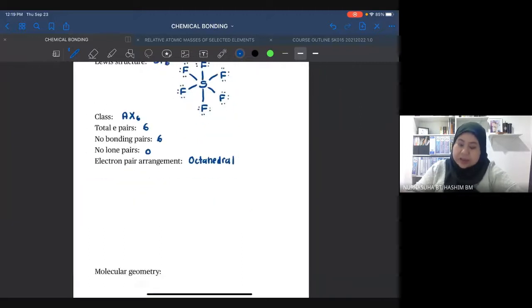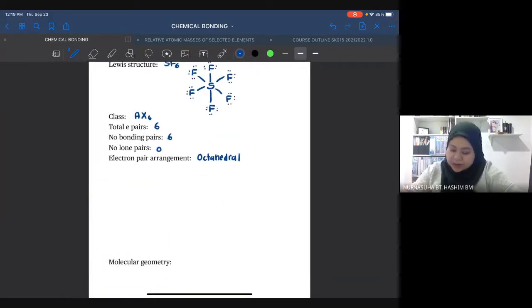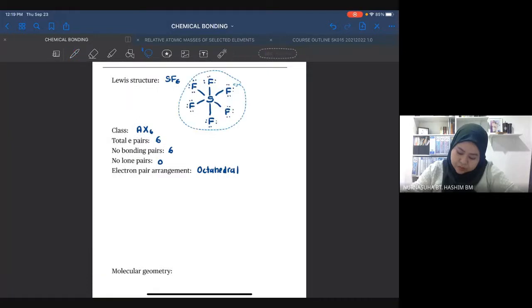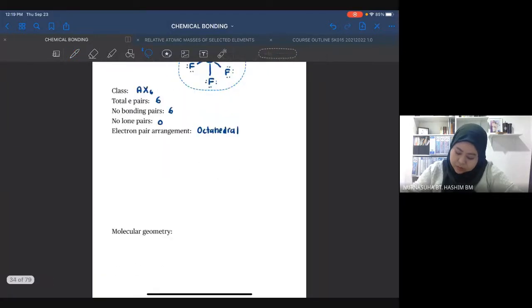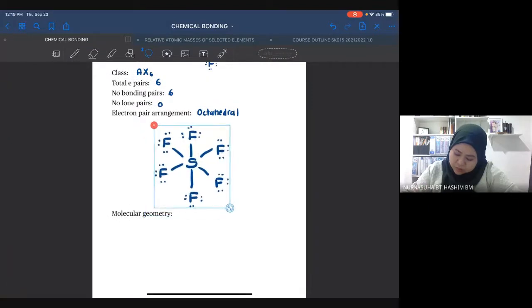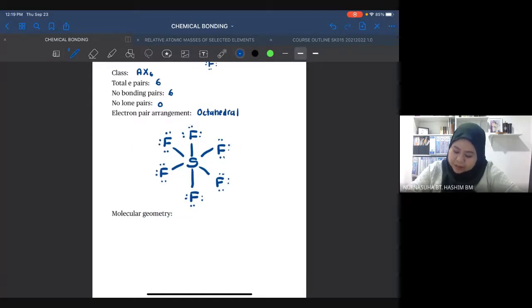Okay, kalau octahedral sebenarnya sama je macam yang madam lukis kat atas tu. Cuma cumanya kena tambah angle lah. Yang ni angle dia 90 degree. Okay, so molecular geometry dia adalah octahedral.